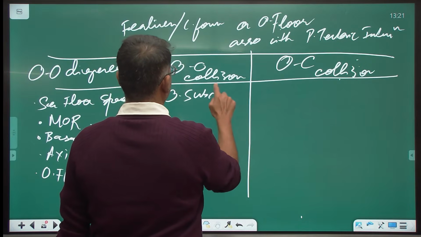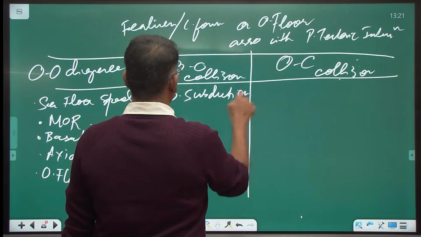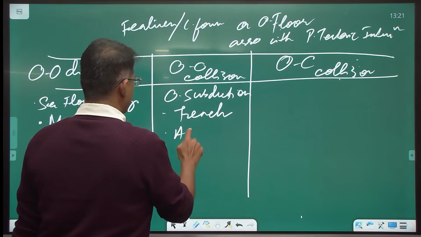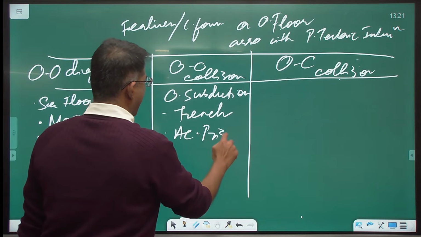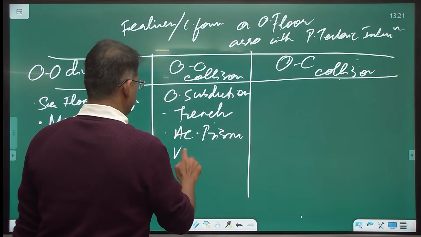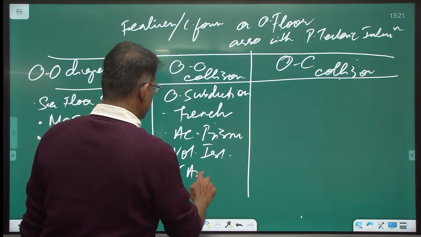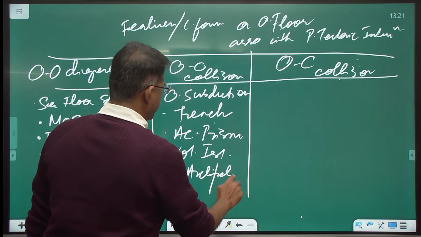Ocean subduction, trench, accretionary prism, volcanic islands called an archipelago.